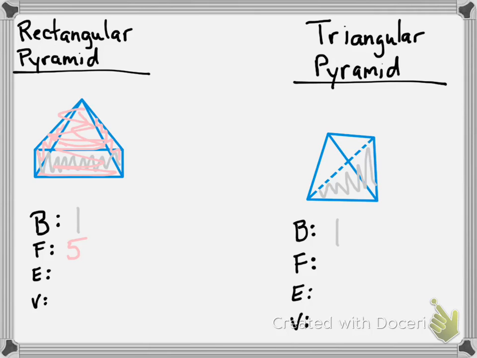And then for the triangular pyramid, again the base is 1 face, and then that back side is another face, and the side kind of on the front is a 3rd face, and over on the right is a 4th face. So there are 4 faces on a triangular pyramid. The bottom, and then the 3 sides around.